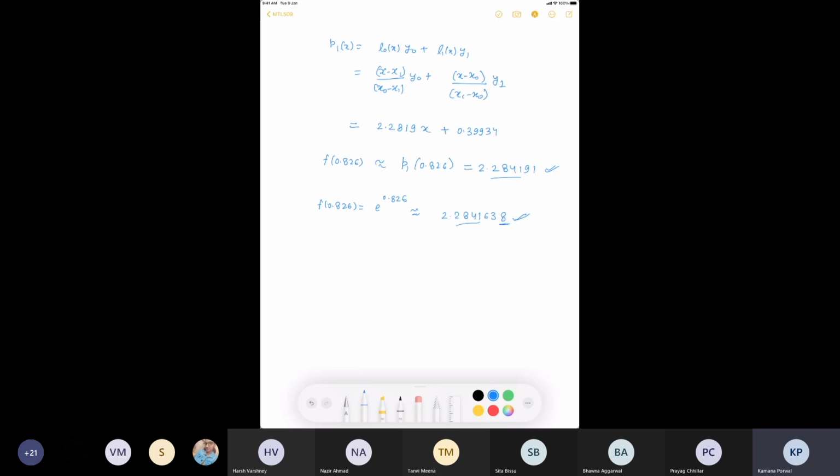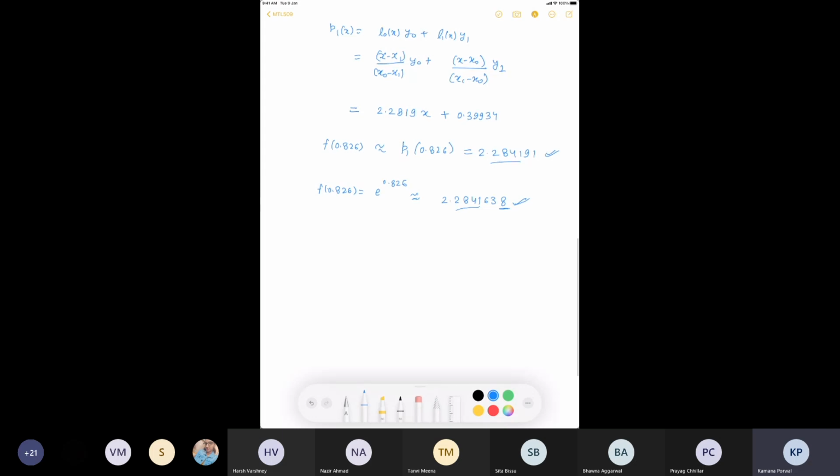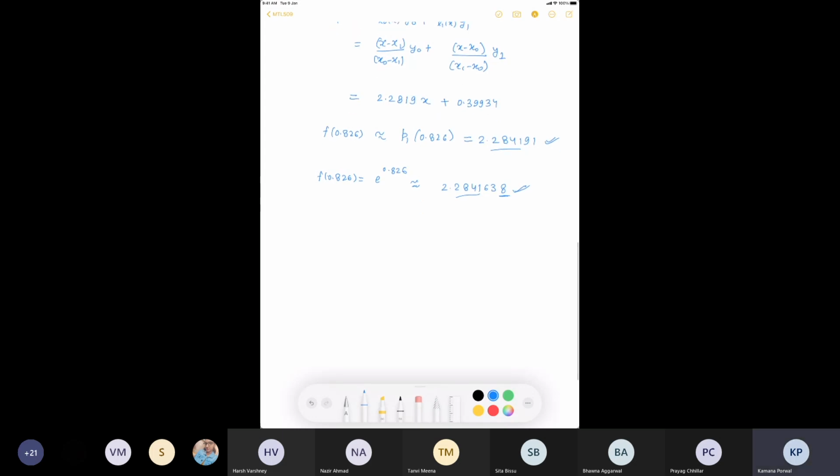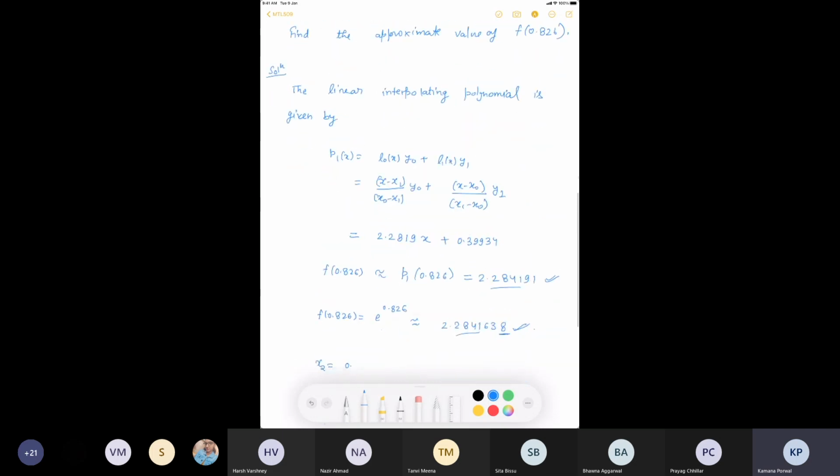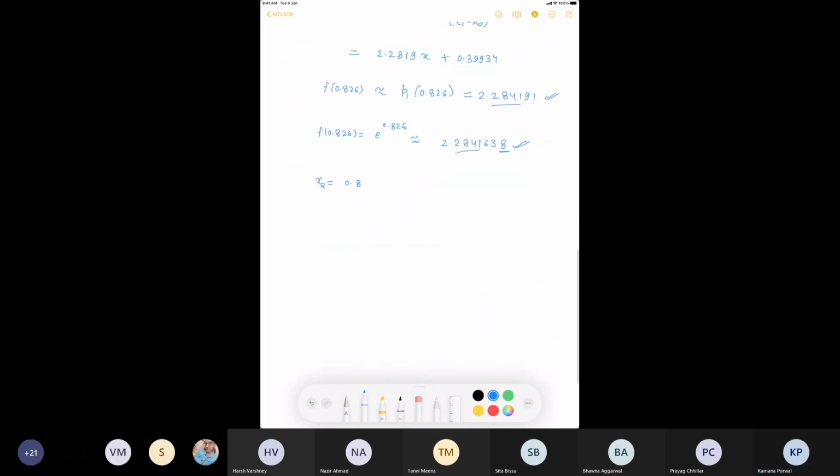Now let's observe what happens if I increase the polynomial degree. Suppose I include one more node point, x2, so I've taken 0.82, 0.83, and then 0.84.